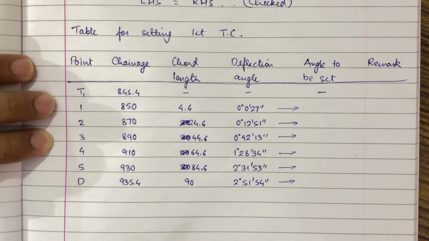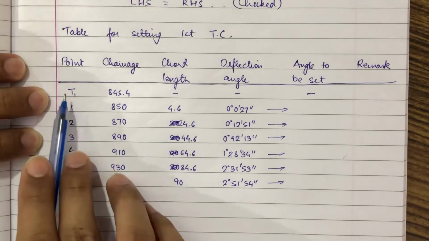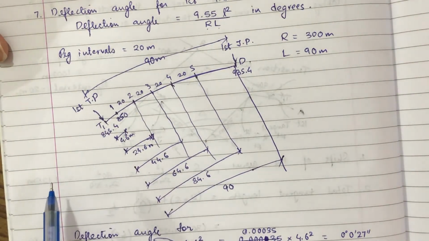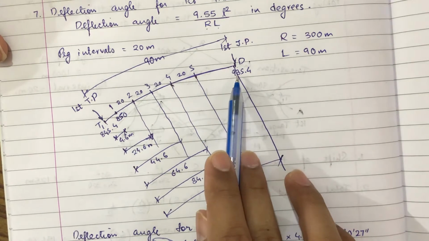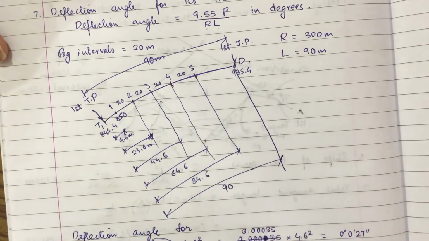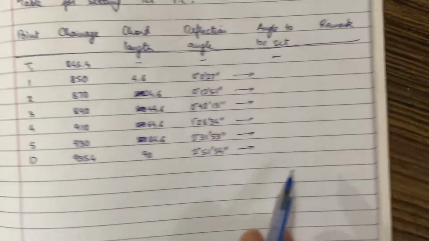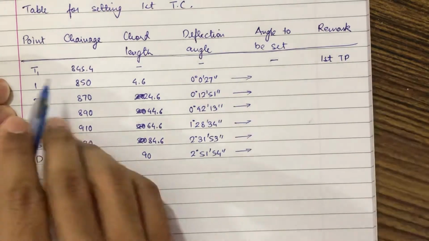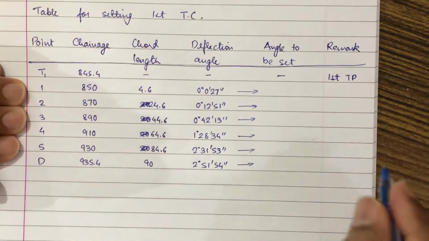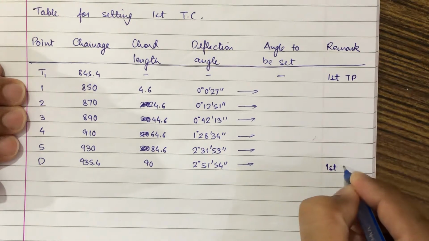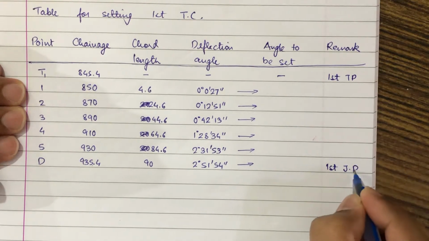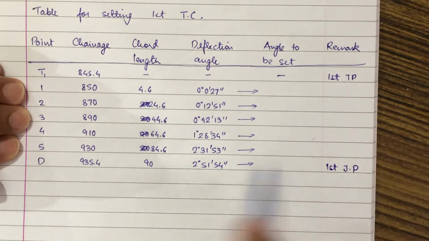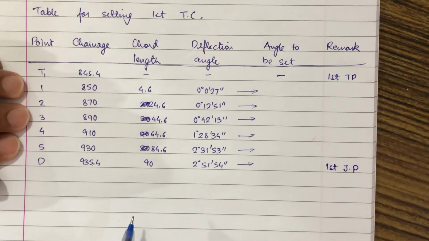In the remark column we can mention that T1 is the first tangent point, and D is the first junction point, the point where the transition curve changes to the circular curve.